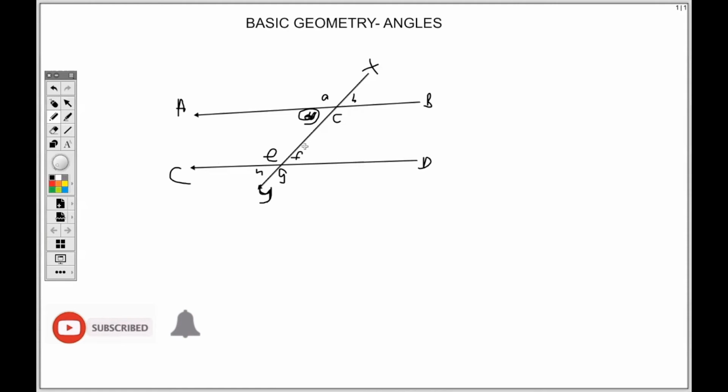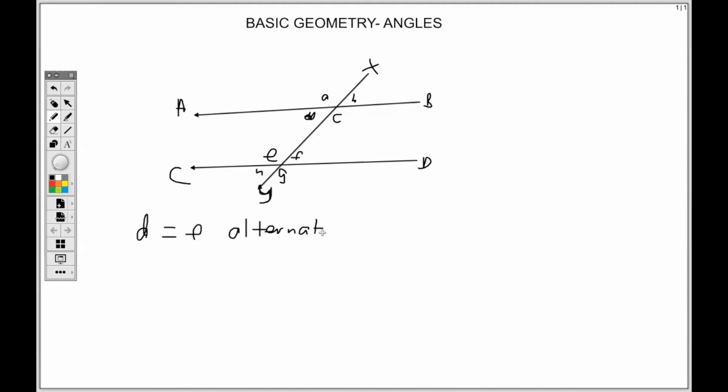Angle D and angle F are known to be alternate angles. It means that these angles will end up being the same.